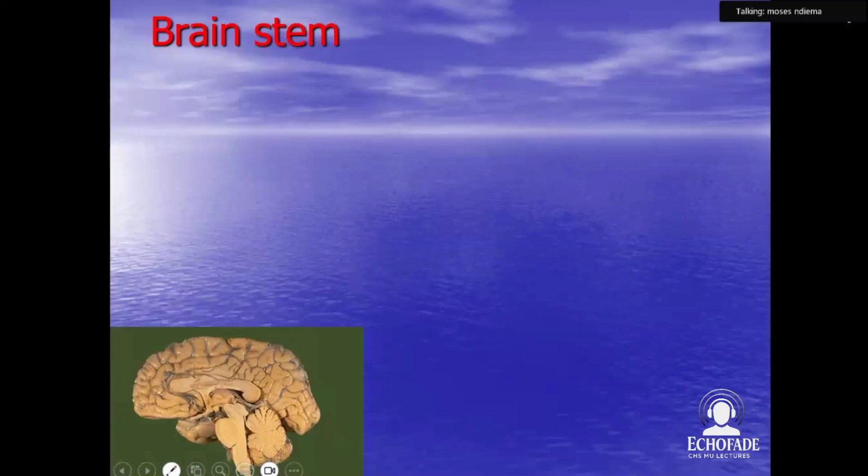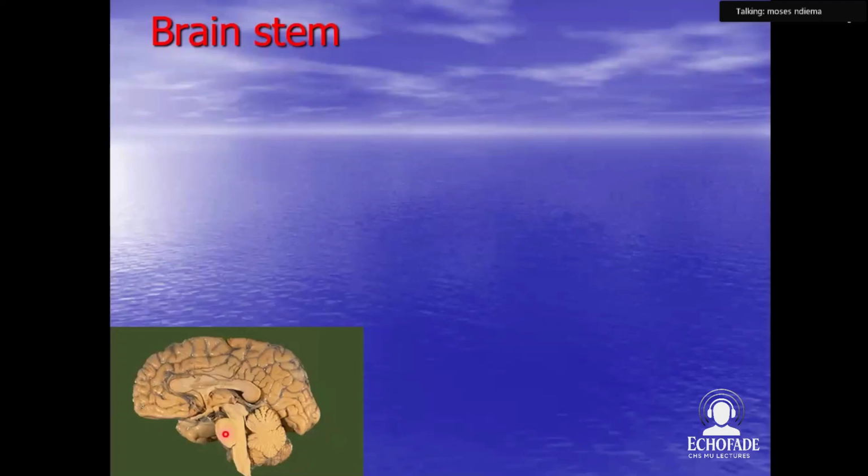So you'll notice here that the brainstem is actually a highway through which information is transmitted to the spinal cord, and information from the spinal cord is also transmitted to the cerebral cortex, the diencephalon derivatives, and the medulla oblongata. Information from these organs is also transmitted through the brainstem. So we can talk about it as a two-way highway.